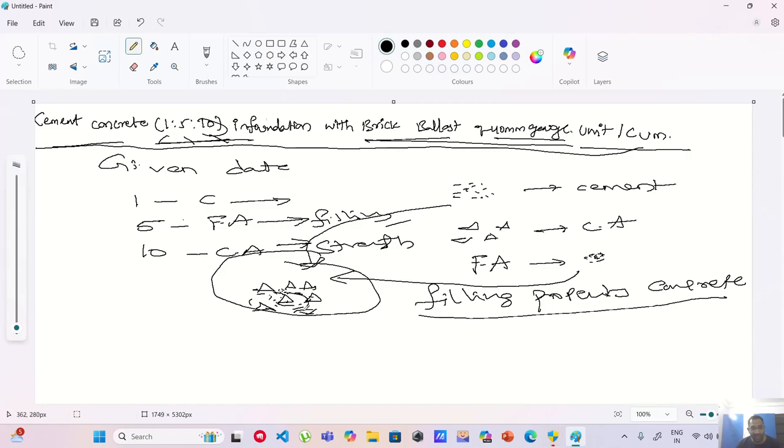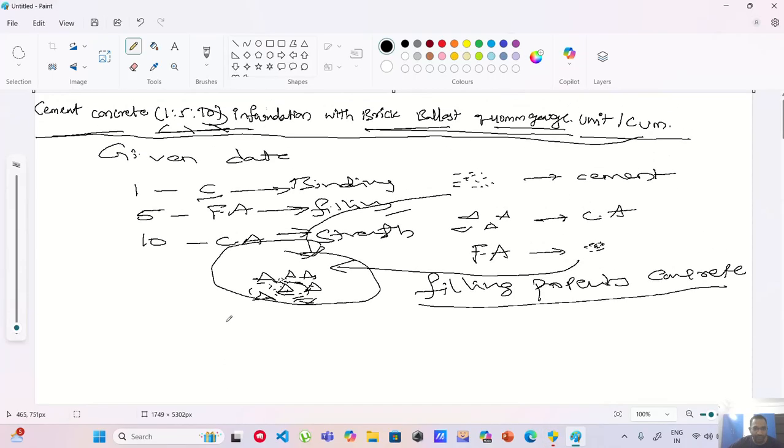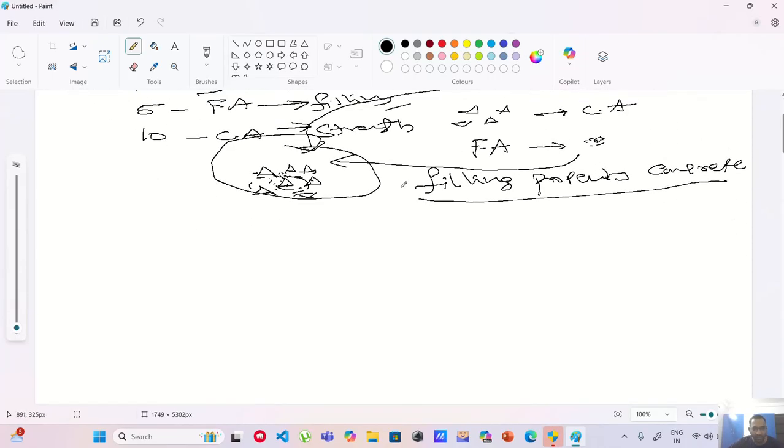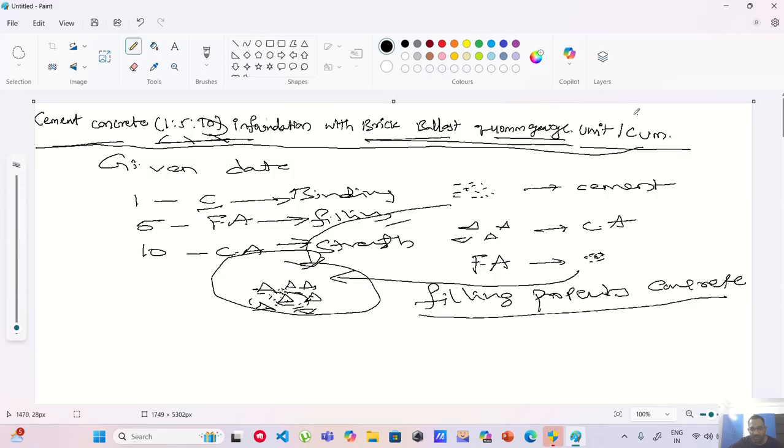I think everyone knows these properties of all the materials. Cement has a binding nature, fine aggregate has a filling nature, and coarse aggregate has a strength property.